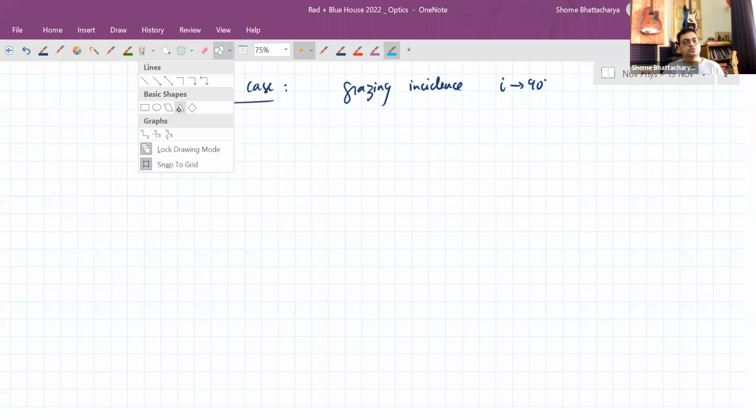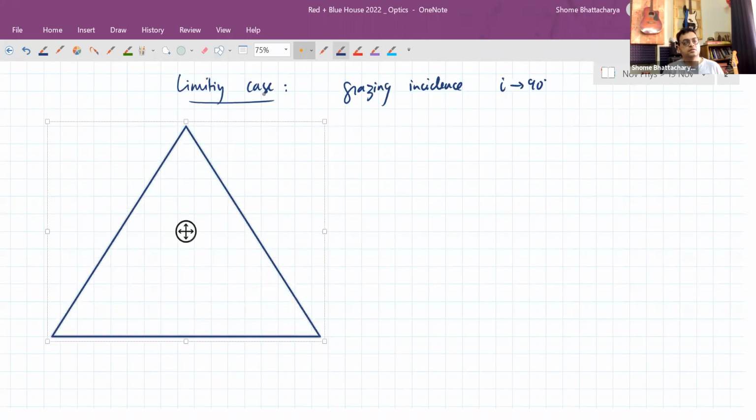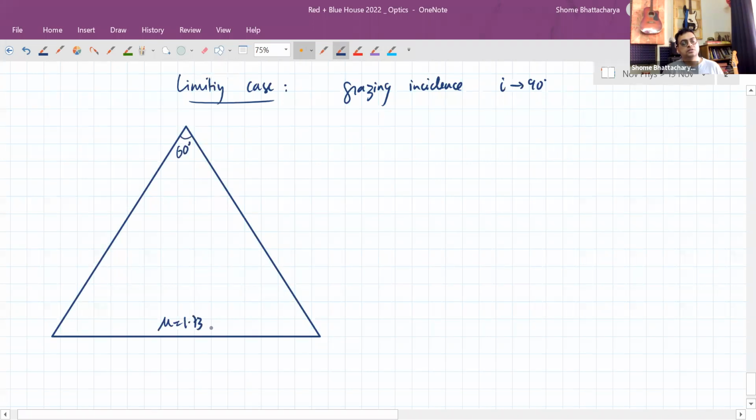So what that situation will look like, let's understand, and let's also do the calculation for that. So we'll take that same prism that we had of angle of the prism 60 degrees and mu equal to 1.73 or approximately root 3. Now let's make the incidence almost grazing. So if this ray is almost parallel, so it's basically parallel.